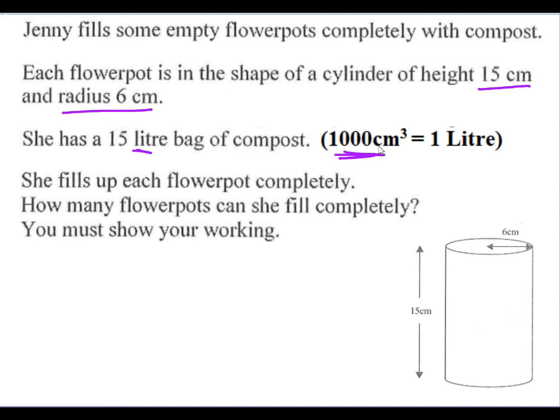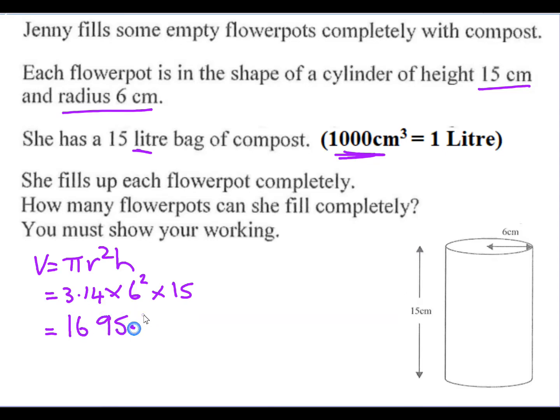centimetres cubed. So the volume of our cylinder is pi r squared, which is the circle, times the height. So it's 3.14 times, now it's given us the radius this time, squared, times the height of our pot, which is 15 centimeters. Put this into your calculator and you get 1,695.6 centimeters cubed.